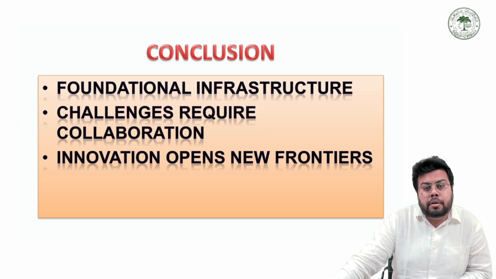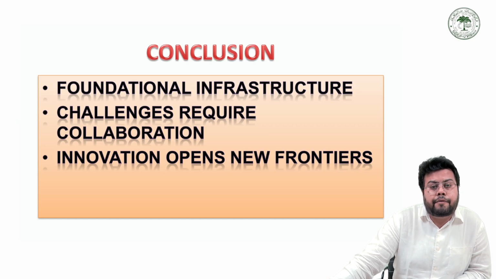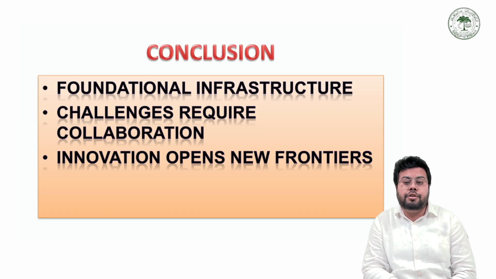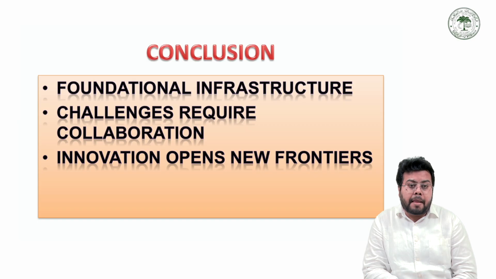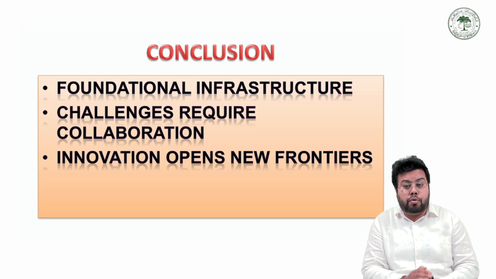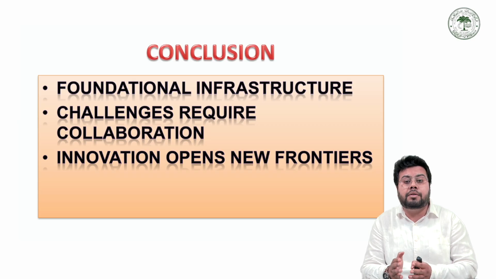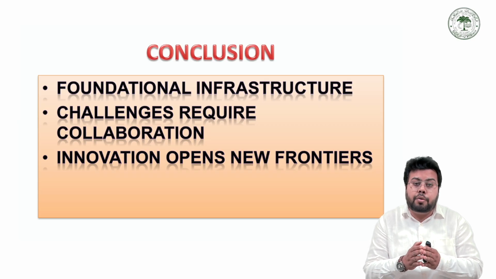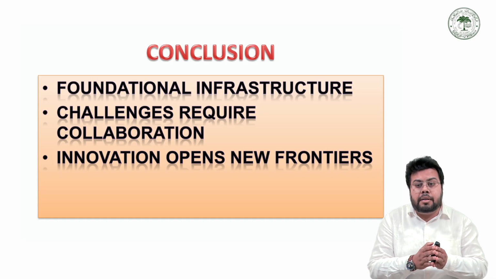Now, for conclusion, foundational infrastructure is one of the important factors here, which means that the digital archives and repositories provide the foundation and the resources that digital humanities researchers need to do their work. Challenges require collaboration. Yes, of course, some problems are too big or too difficult for one person or one organization to solve alone. So people need to work together to find solutions.